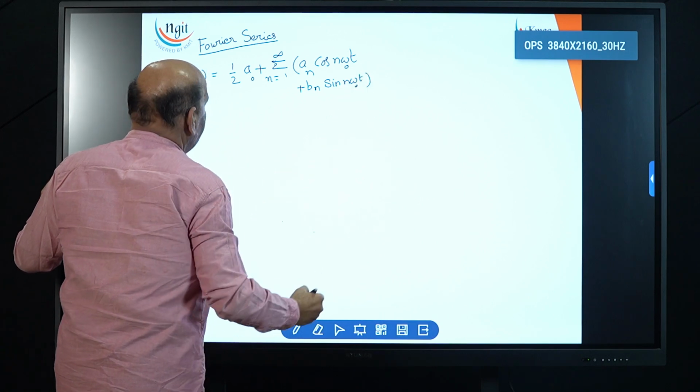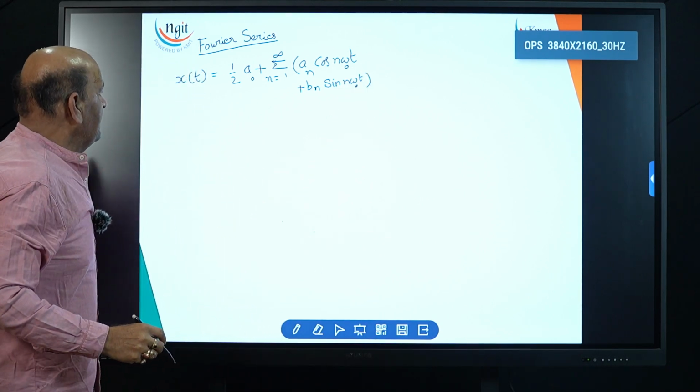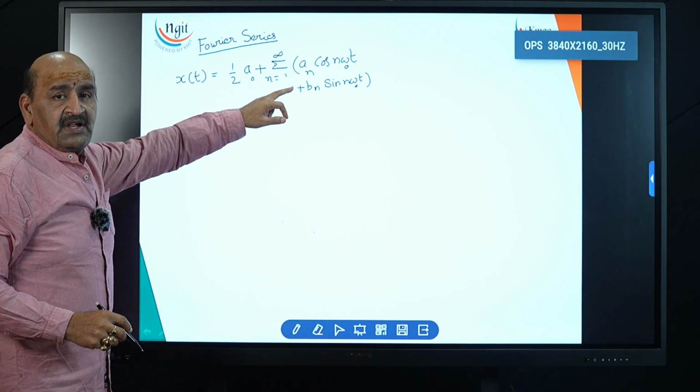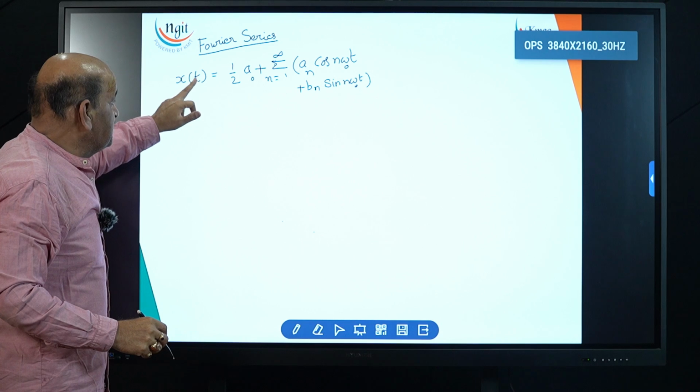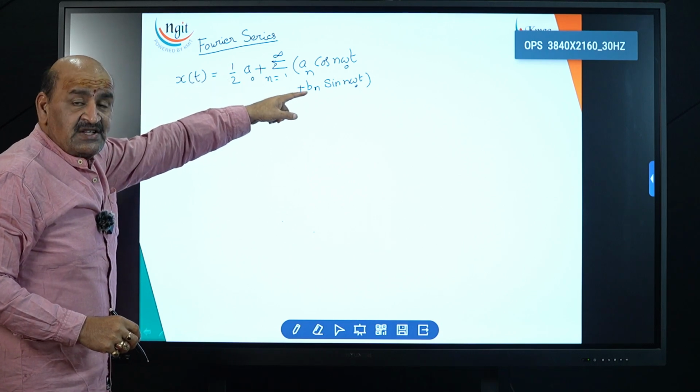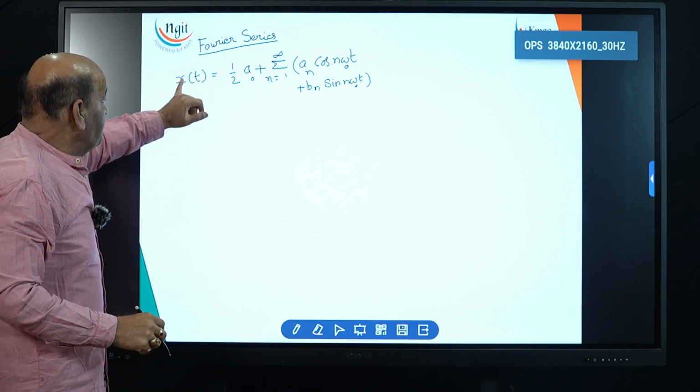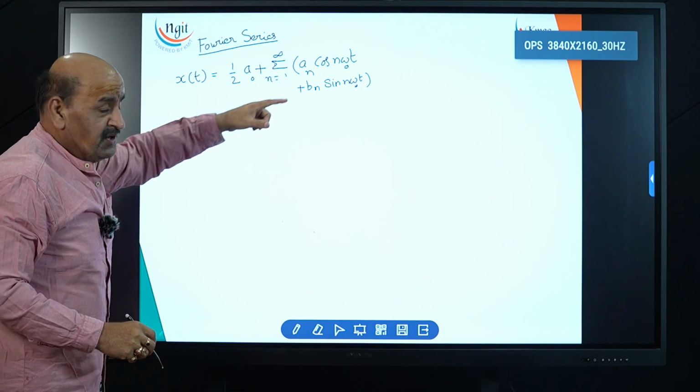Any signal can be expressed in terms of a trigonometric series. That means any function can be expressed as a periodic signal.